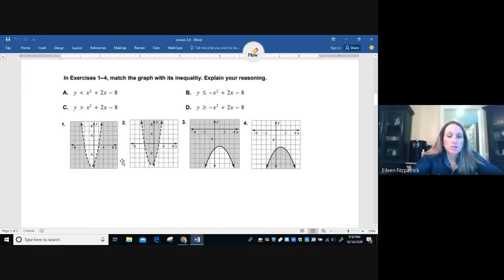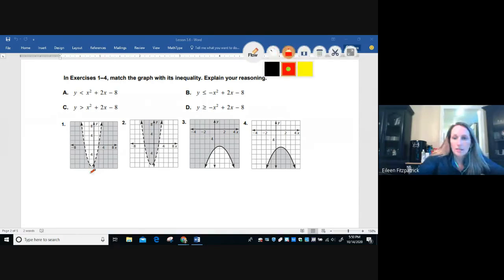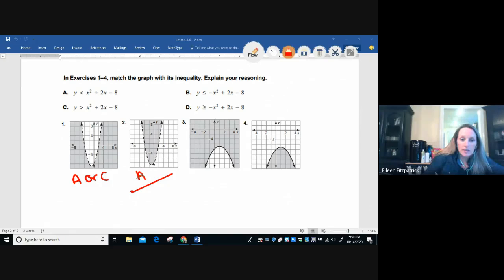Okay, the first 4 problems say, match the graph with its inequality, explain your reasoning. So by process of elimination, just kind of noticing some things. First off, I noticed that B and D have negative A values, whereas A and C have positive A values. So I can already determine that my answer for 1 and 2 is going to be A or C, because it's opening up, positive A value.